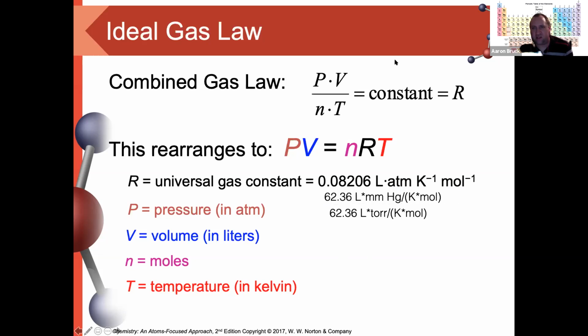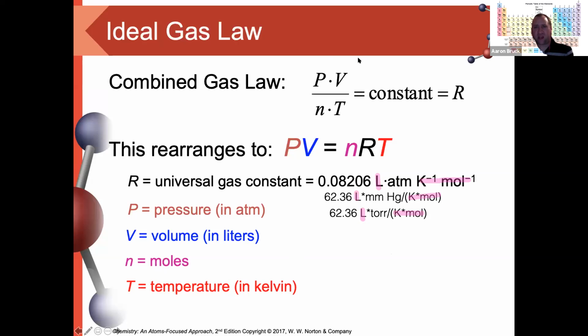And so notice that everything is the same in this, other than the pressure unit. The pressure unit is the one thing that changes in each of those cases. And the pressure unit P here would vary. So if I used this one in the middle, it would give me a pressure in millimeters of mercury. If I use this one at the bottom, it'd give me a pressure in torr. Otherwise, this equation is universal in that kind of sense.